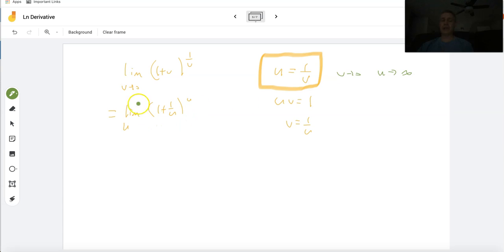And so because of that, with this limit, I'm now going to have to write the limit as u approaches infinity of this expression.